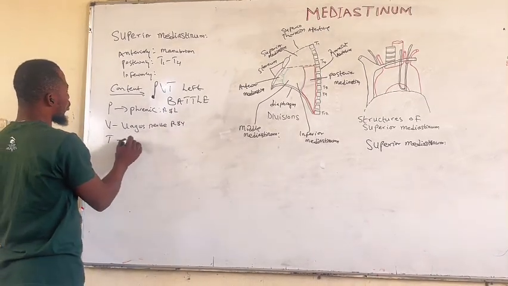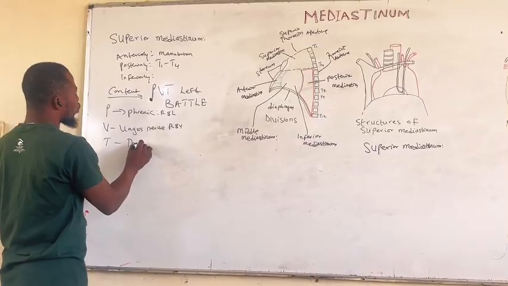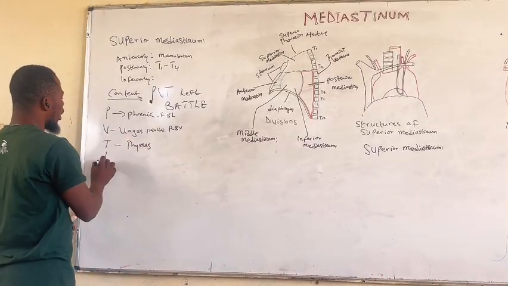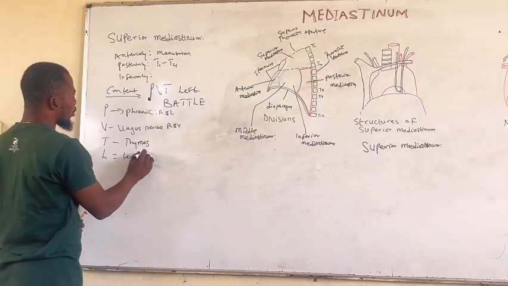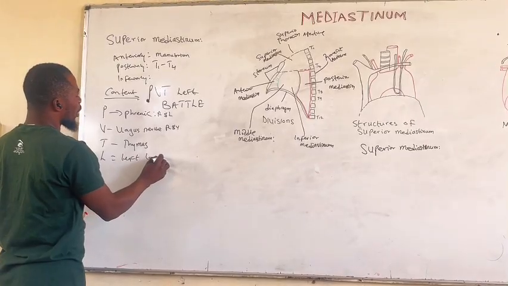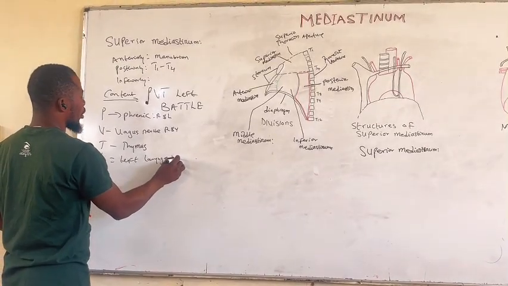T here stands for thymus. The left stands for left laryngeal nerve.